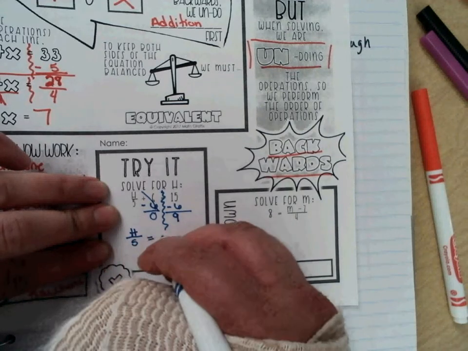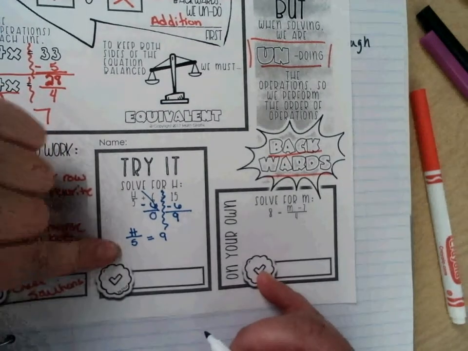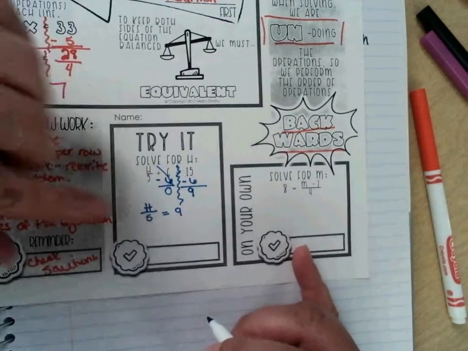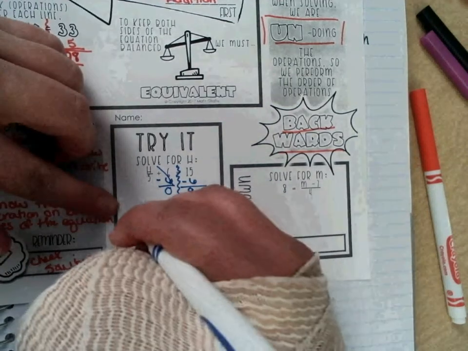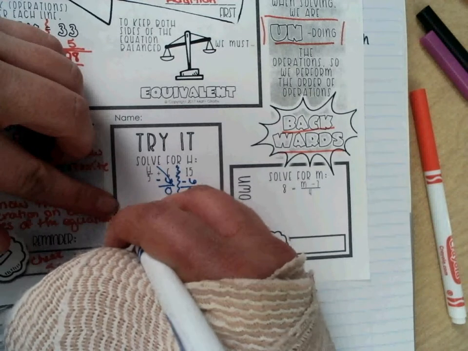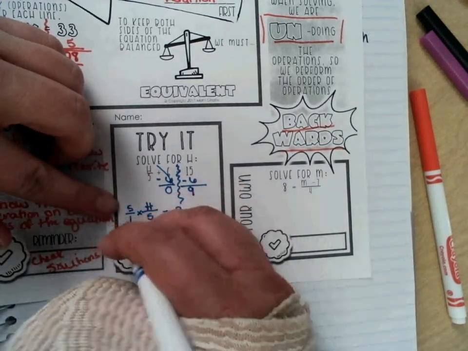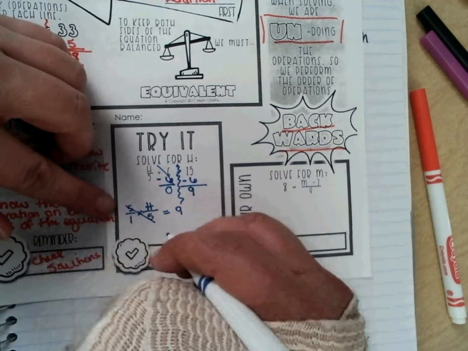So now I have h divided by 5 equals 9. Well, when I have h divided by 5, what do I do? Okay, I use a reciprocal, right, to get rid of 5. And so I'm going to do 5 over 1 times, because that's division, I'm multiplying, so it becomes 5h over 5.